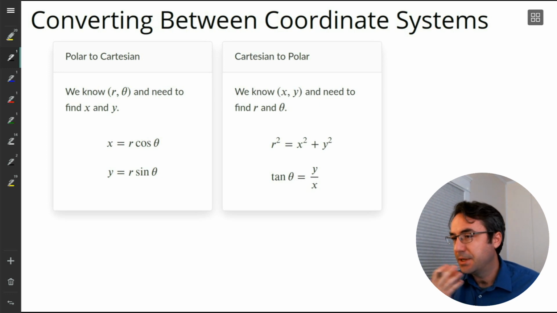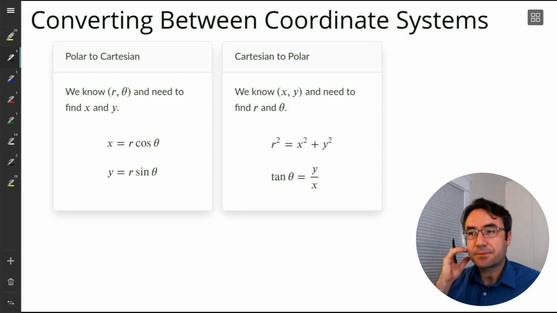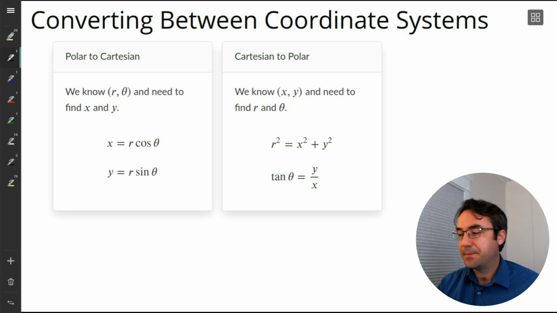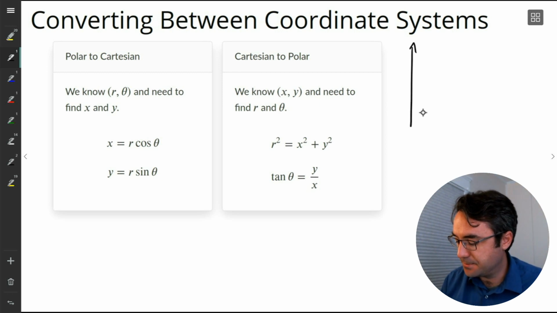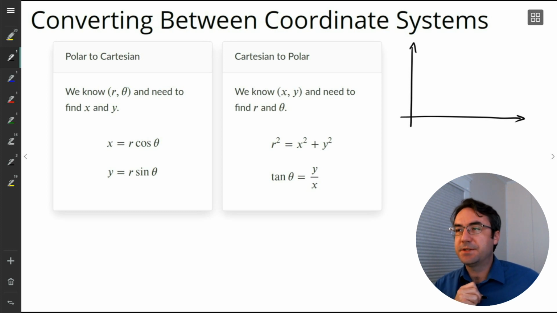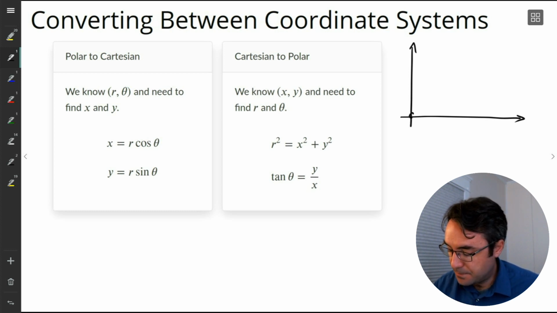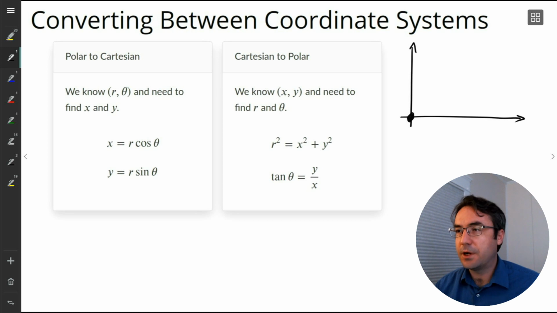All right. So before we get into some examples of how to do this, let's see where these equations come from. Let's draw a little example, and they're going to come from right triangles. All right, so let's draw our coordinate system.